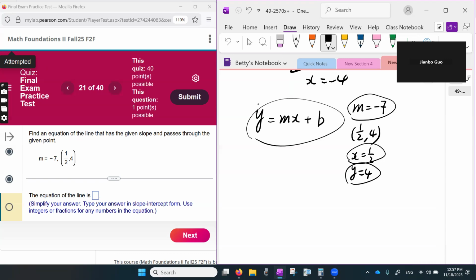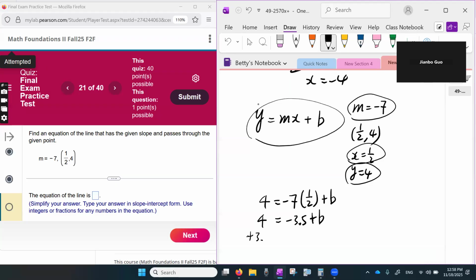Plug in m equals -7, x equals half, y equals 4 into this equation. Let's see what do we have after that. Y is 4, m is -7, x is half, plus b. And 4 equals -7 times half. Half of -7 is -3.5, right? I do not recommend a decimal, but sometimes decimals make it a little bit easier, especially a very simple decimal, -3.5.